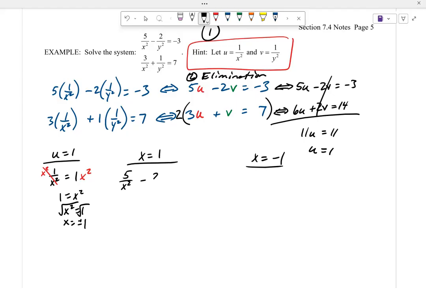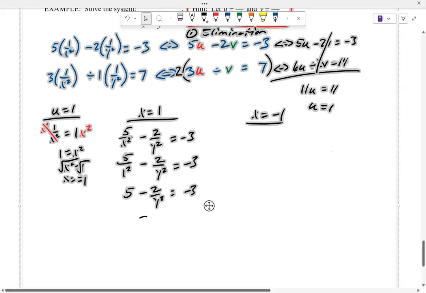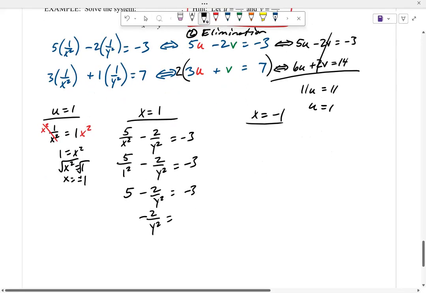Let's just pick the top. So I got 5 minus 2 over y squared equals negative 3. I'm going to subtract 5. So I got negative 2 over y squared. Subtract 5, I got negative 8. Let me get my y's on top. So let me multiply both sides by y squared here.